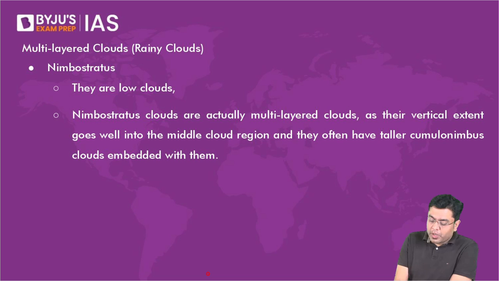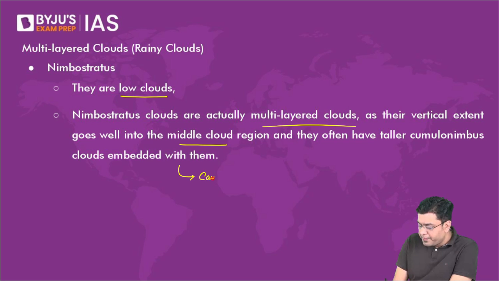So these are low clouds, and they are multi-layered clouds as their vertical extent might very well go into the middle cloud region, and they often have taller cumulonimbus clouds which can get entrapped within them. So this causes continuous moderate rainfall.